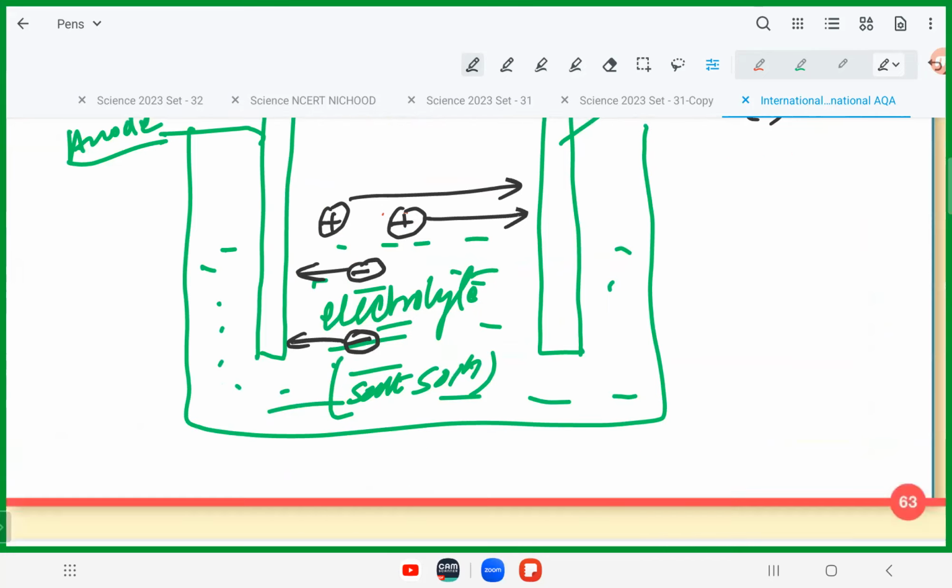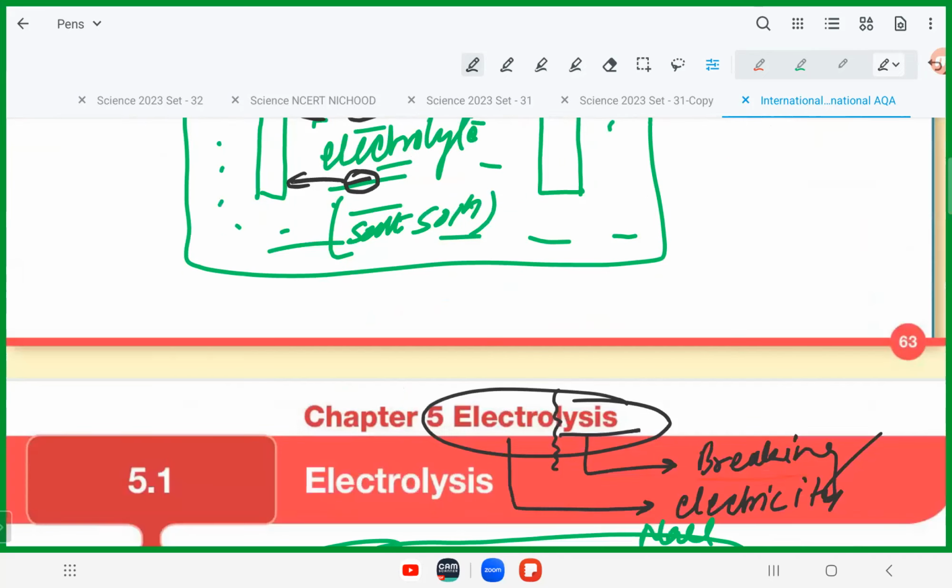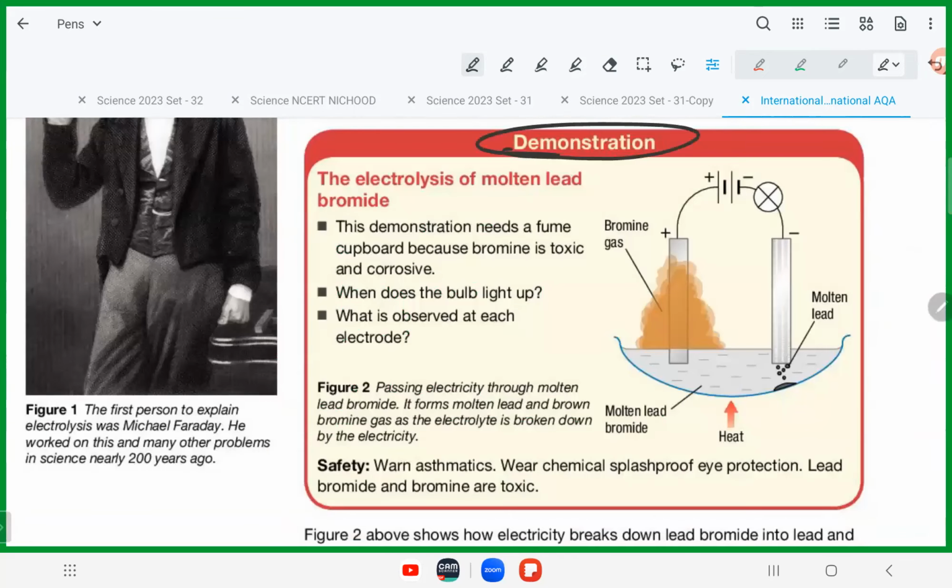Yes. Now you read this demonstration. The electrolysis of molten lead bromide.